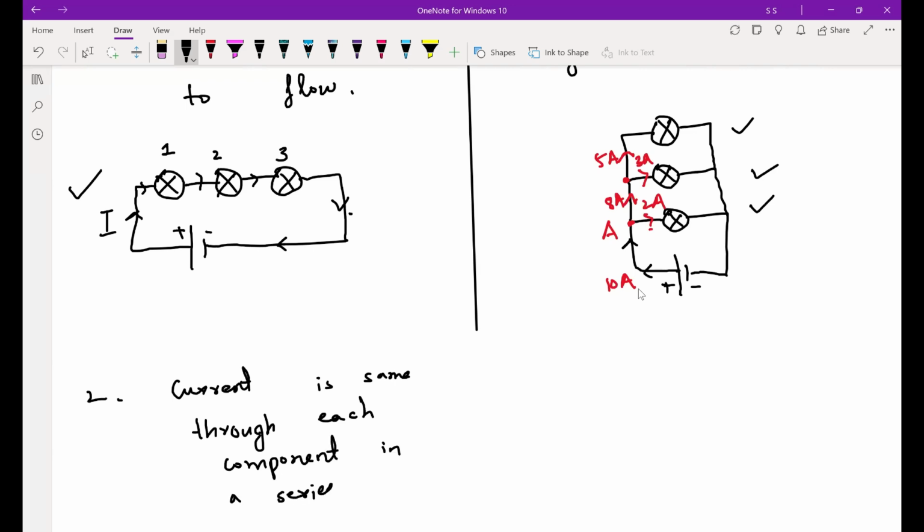Now, when I say component, it could be a bulb, a resistor, an ammeter, anything. It would be the same. But in a parallel circuit, current is not the same, because in different components there's different current flowing.